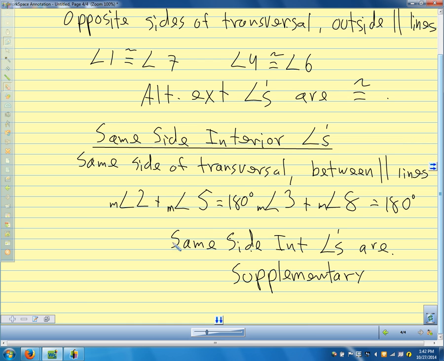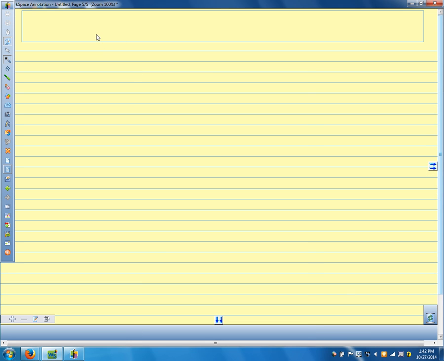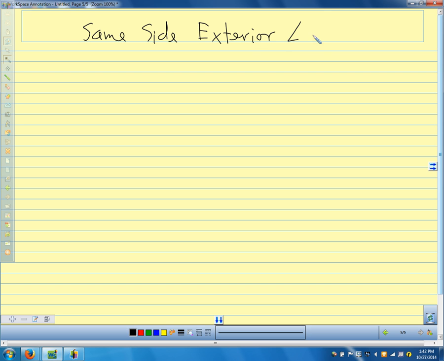All right, and let's go back over to the right, same side exterior. So same side tells us same side of the transversal.